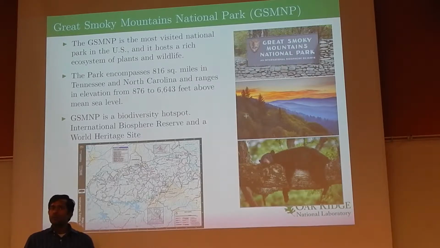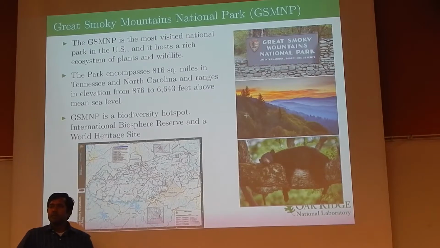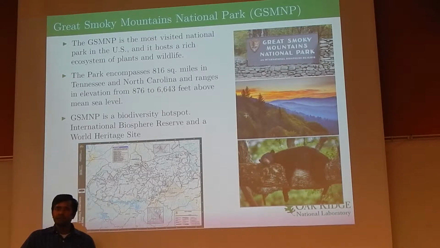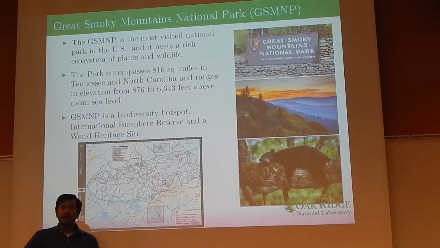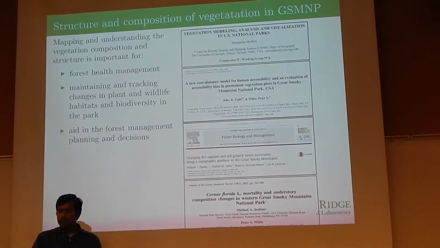So our main interest was to understand the ecological diversity within the national park for the purposes of looking at both plant diversity and the habitats for animals and birds and so on. There are lots of reasons why we want to do this.